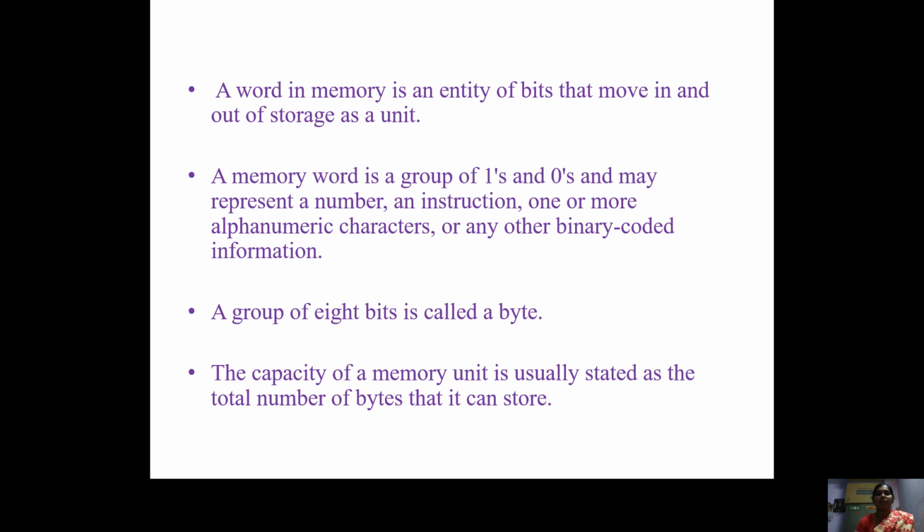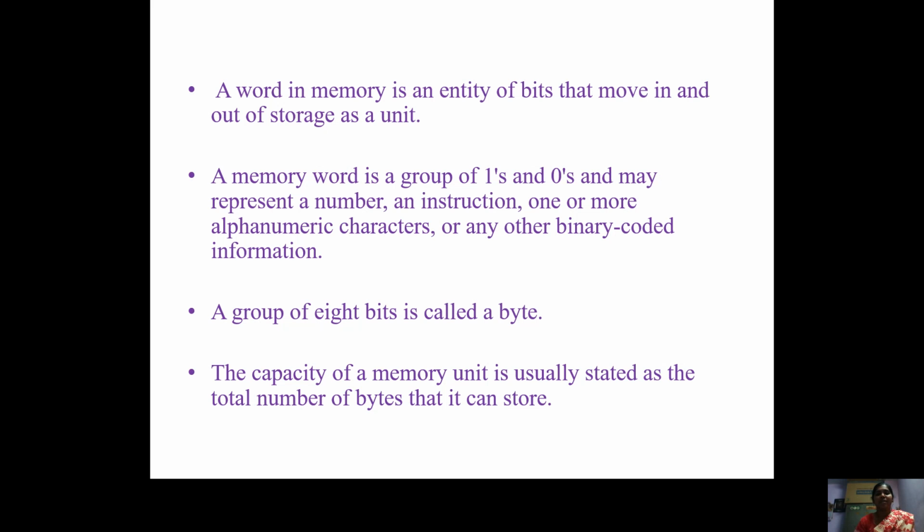It can store numbers, it can store instructions, that means controls, and it is able to hold alphanumeric characters which can be used in the computer. Any type of information can be stored in memory in the form of words, which is nothing but a group of ones and zeros.